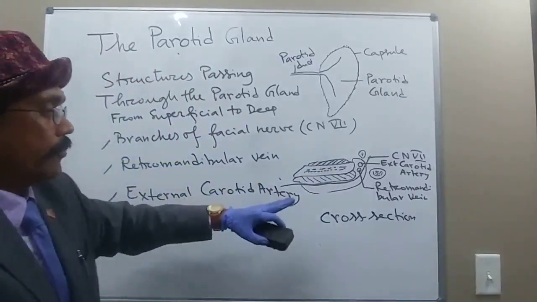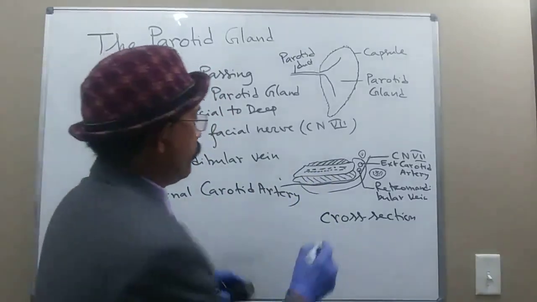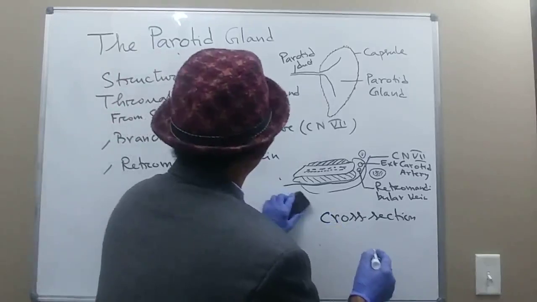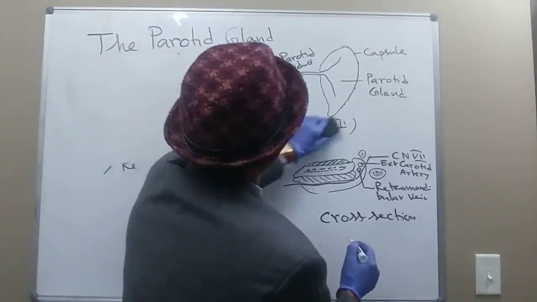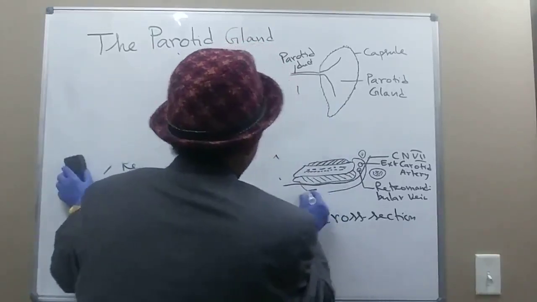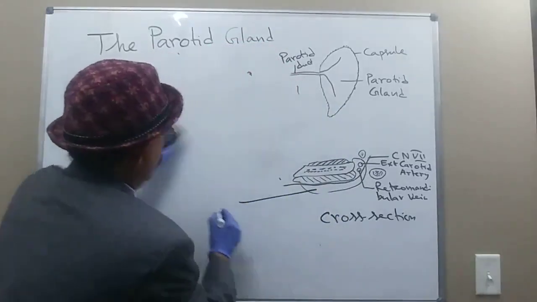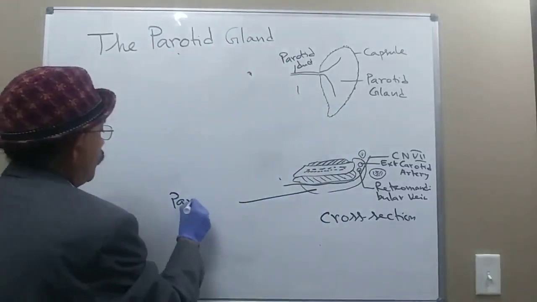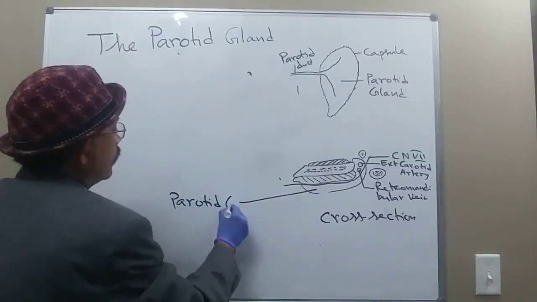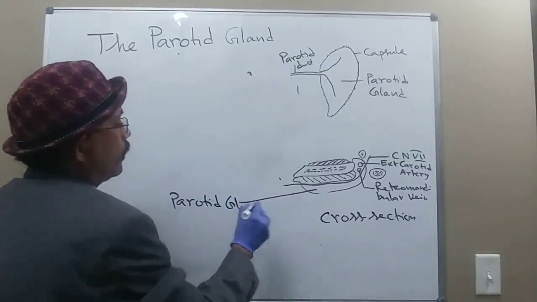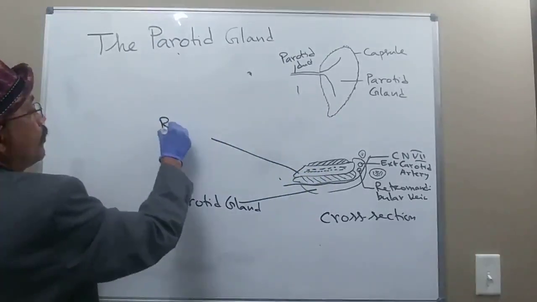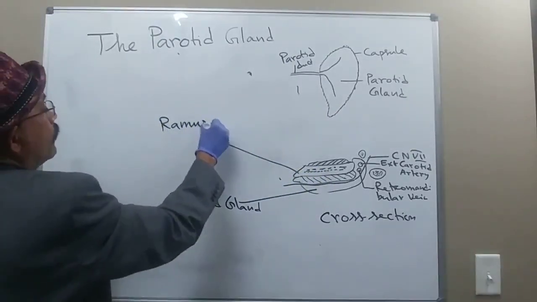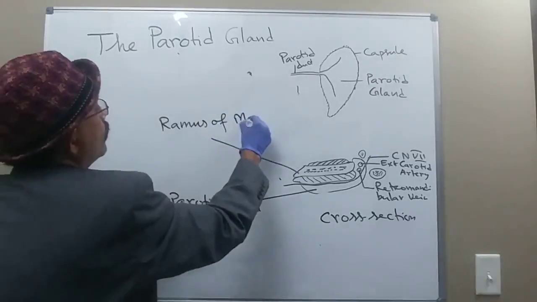So we got the cross section. This is our parotid gland. And this is the ramus of the mandible.